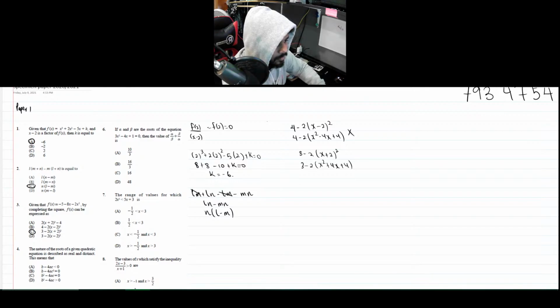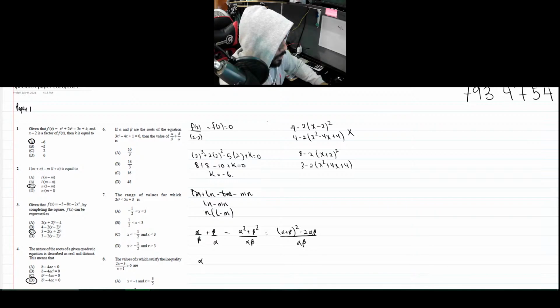The nature of the roots of a given quadratic equation is described as real and distinct, which means b squared minus 4ac is greater than 0. If alpha and beta are the roots of the equation, then the value of alpha over beta plus beta over alpha could be alpha squared plus beta squared all over alpha beta, which is alpha plus beta squared minus 2 alpha beta all over alpha beta.